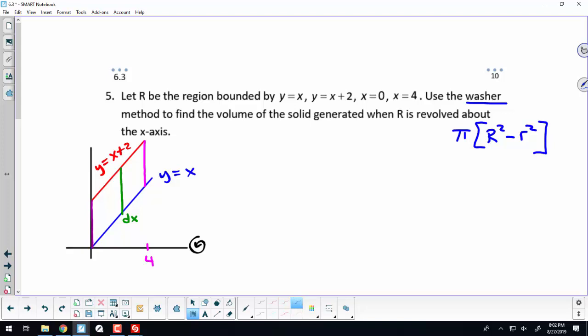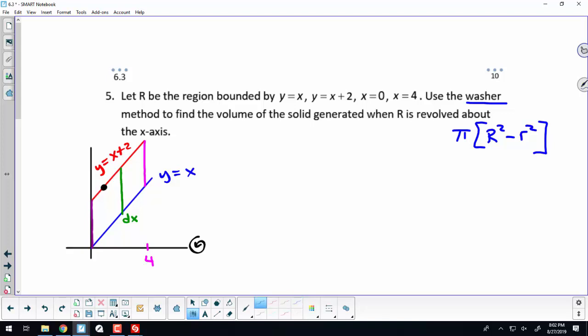All right. So then our capital R, how do we find the outer radius of each one of these washers? What is the outer radius? x plus 2, right? The function that's furthest away from the axis of revolution will be the outside or the outer radius. So let me just label that.